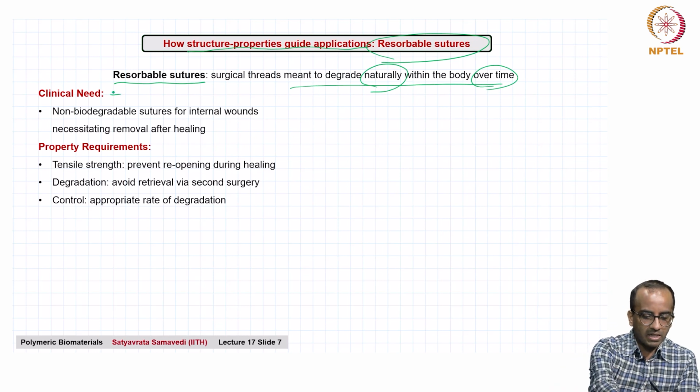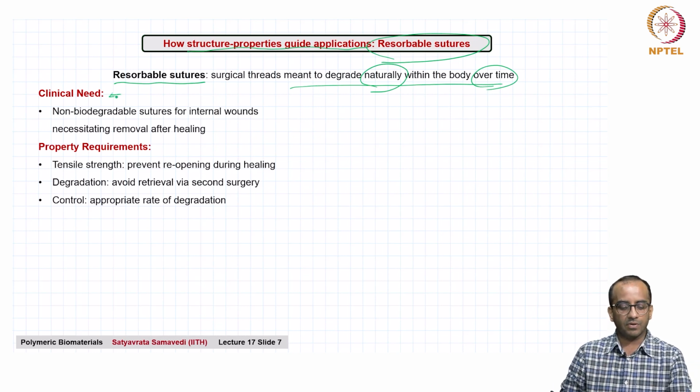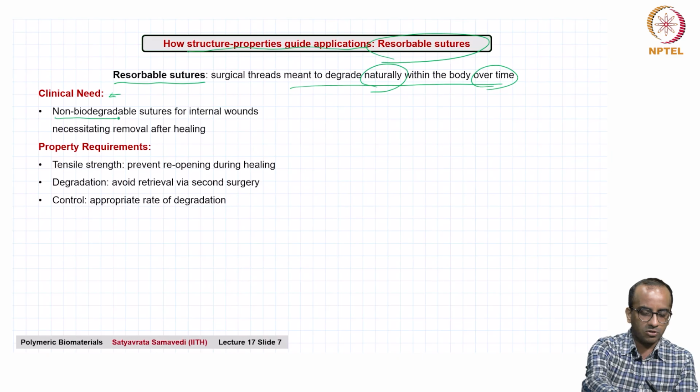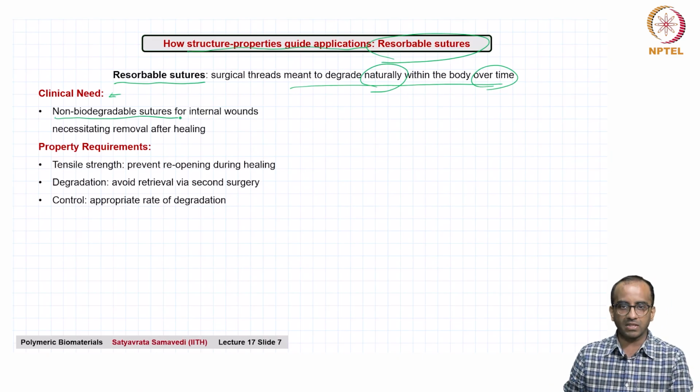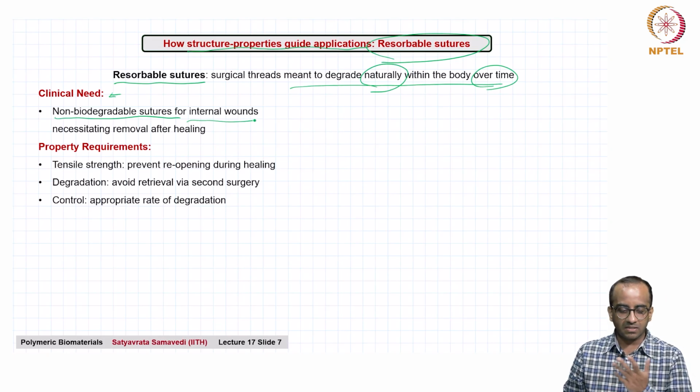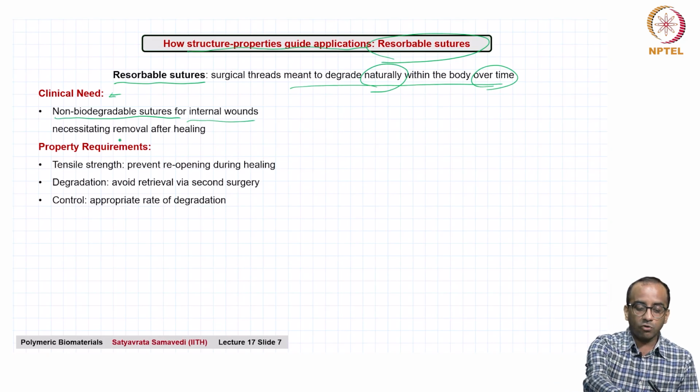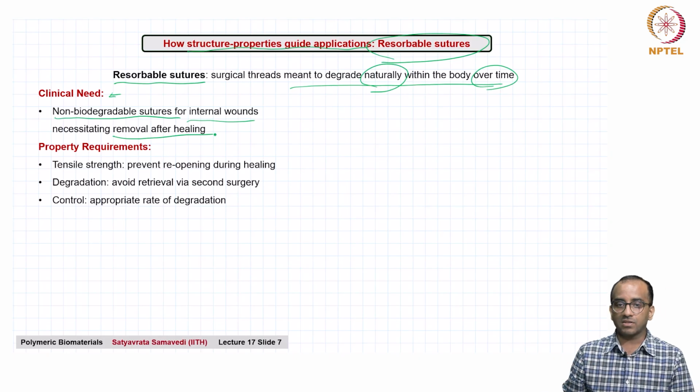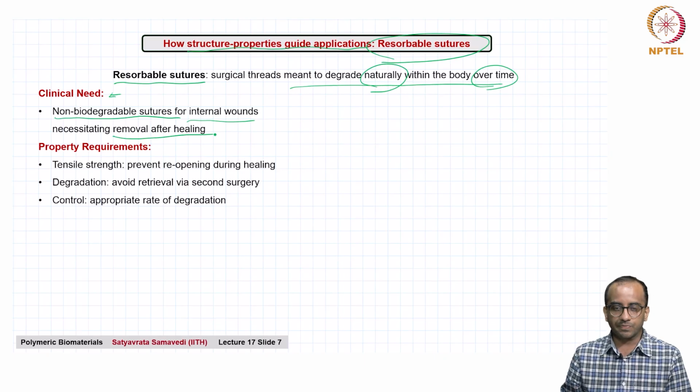So the clinical need here is that non-biodegradable sutures, for example, nylon is a good example of a non-biodegradable suture, for internal wounds typically necessitates removal after the healing is done. So if you ever had oral procedures where you've had sutures where the dentist has asked you to come back for suture removal, you will know that those are not resorbable sutures.